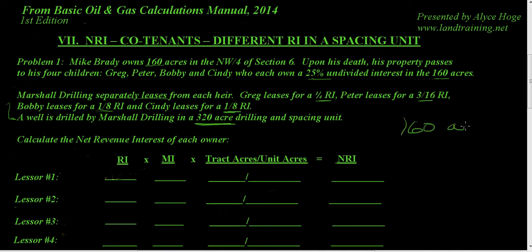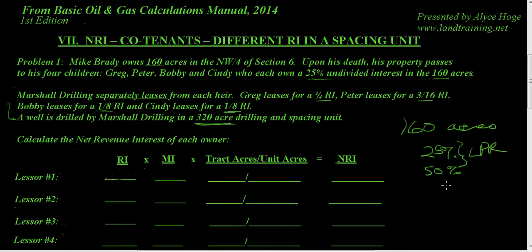By the way, in an oil and gas lease, Greg's lease would show that he owns 160 acres. That lease would not designate whether he owned 25%, whether he owned 50%, or what his percentage of interest is. That's something that the landman or the broker will know as a result of running the chain of title. But when these leases are received in lease administration, for example, the only way we know what the mineral interest is, is on something called a lease purchase report.